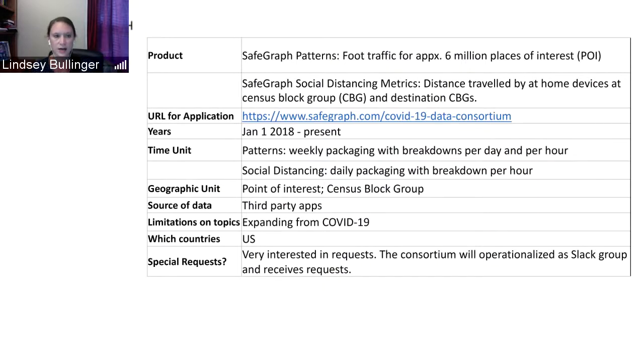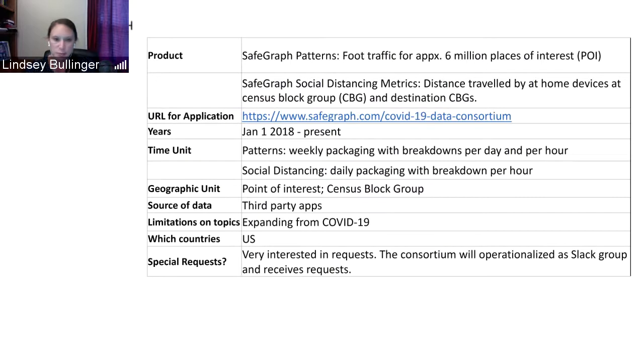So the company provides two different data sources, two different products. One is called SafeGraph Patterns, and this database is the point of interest, and it shows the foot traffic for each point of interest.